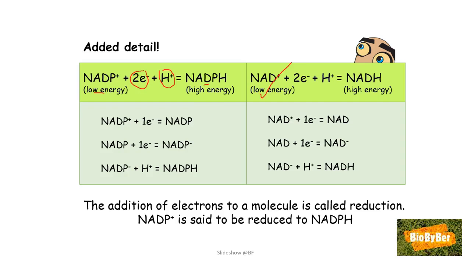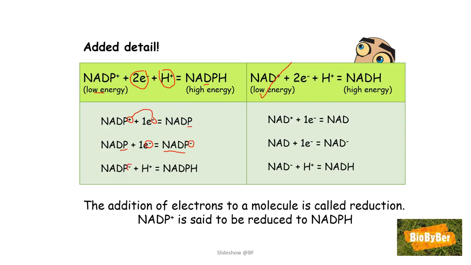Now, taking this step by step, we can see how it works out. NADP+ has a positive charge. When it picks up one electron that has a negative charge, a positive and a negative cancel each other out, and we create a molecule called NADP, which is neutral. This neutral NADP picks up one electron, another one, the second one, which has a negative charge, and then it will become NADP minus with a charge.